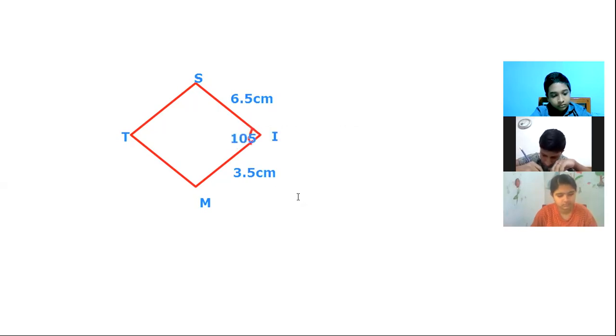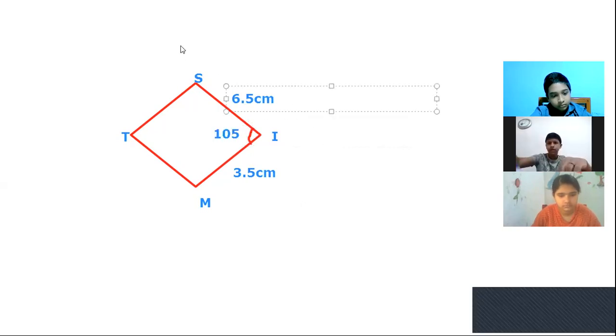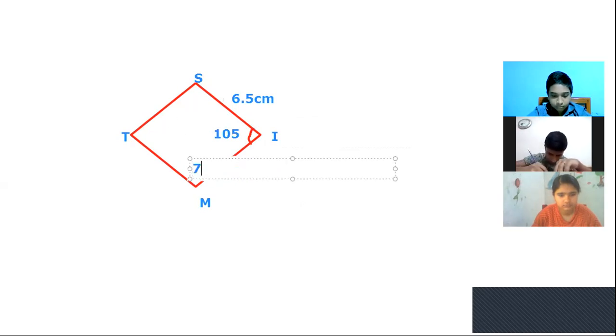What about the measure of angle M? The measure of angle M is equal to 75 degree. And what about the measure of angle S? It is 120 degree.